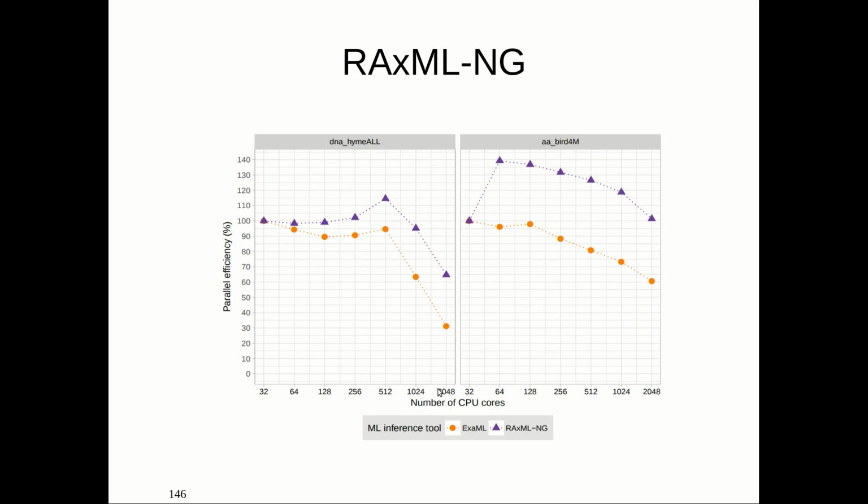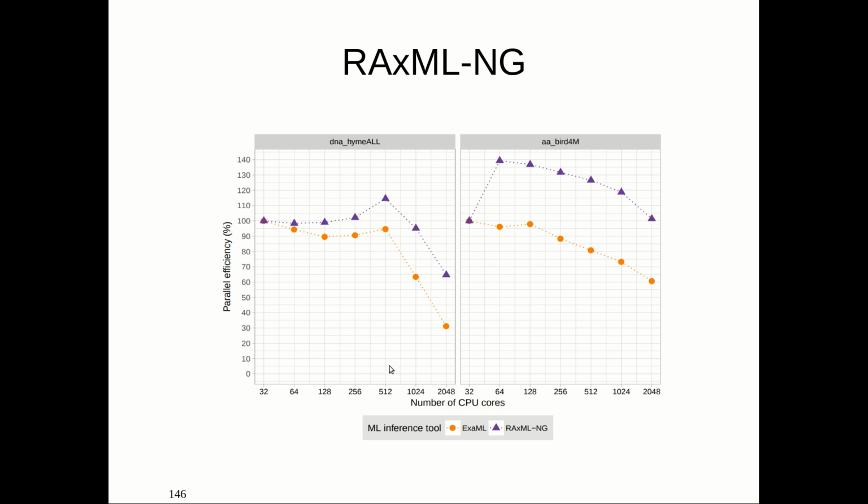Here on the x-axis you see the number of cores we used for 2 very large DNA and protein data sets, and this is the parallel efficiency on the y-axis. What is very surprising here is that for 512 cores on DNA data and for 64 cores, but also for other core counts on the protein data, we're getting more than 100% parallel efficiency. This is theoretically not possible, but what you're seeing here is the effect of increased cache efficiency, right?